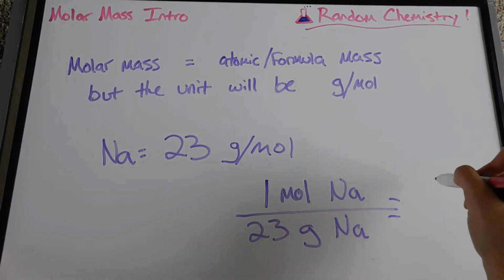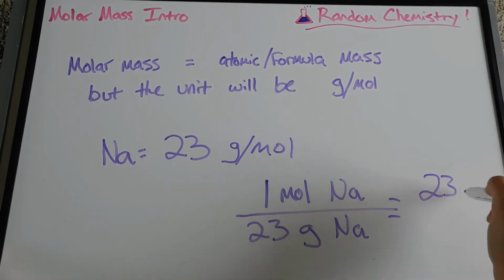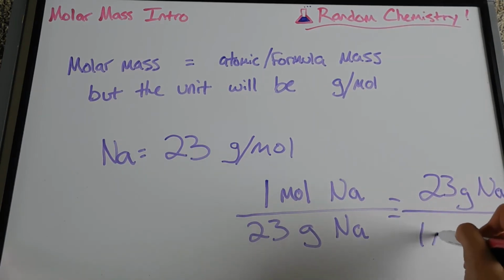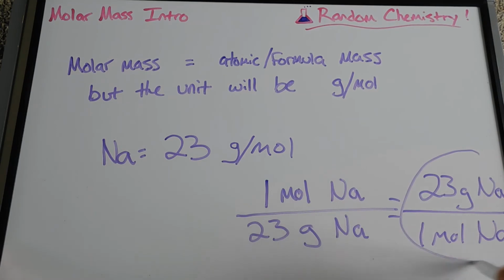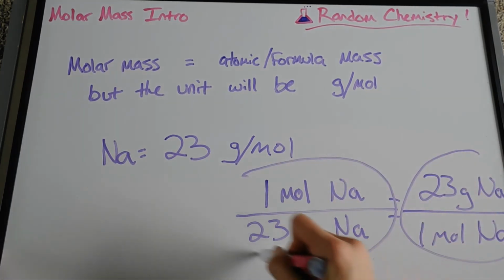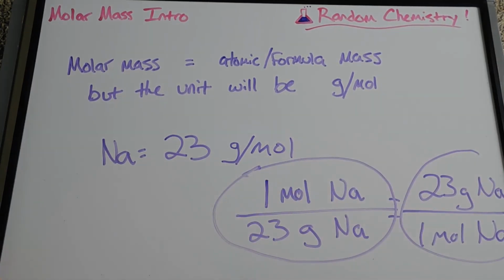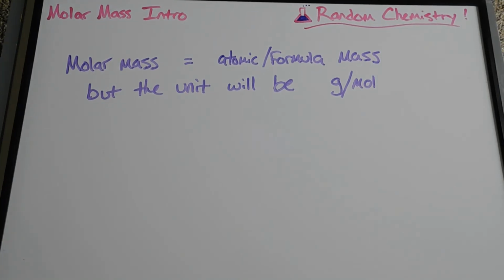It can be written like this, or it can be written like this. 23 grams of sodium is equal to 1 mole of sodium. So these right here are what you call conversion factors. And you will definitely see them in my later videos when I talk to you about dimensional analysis and solving other equations.